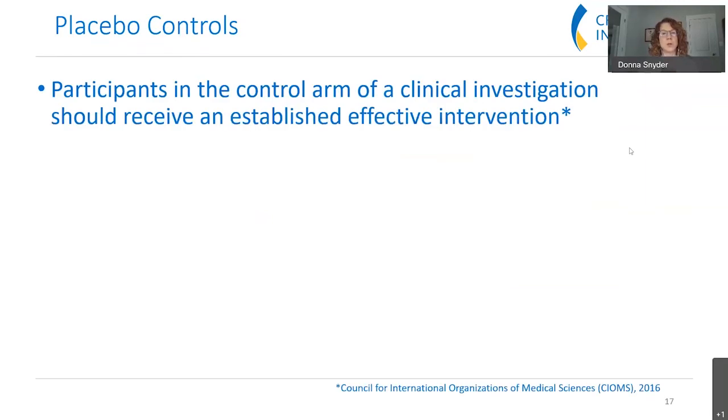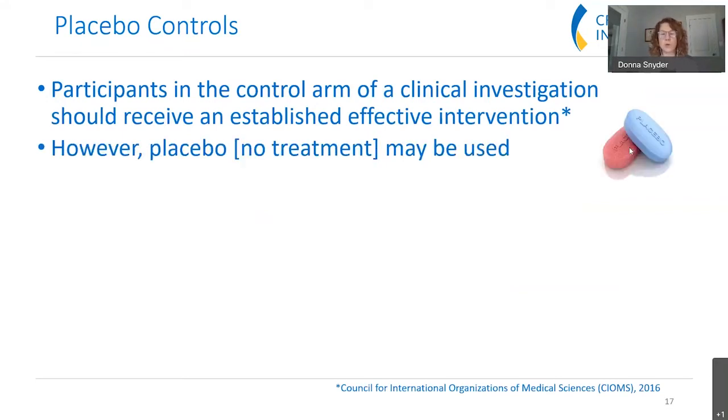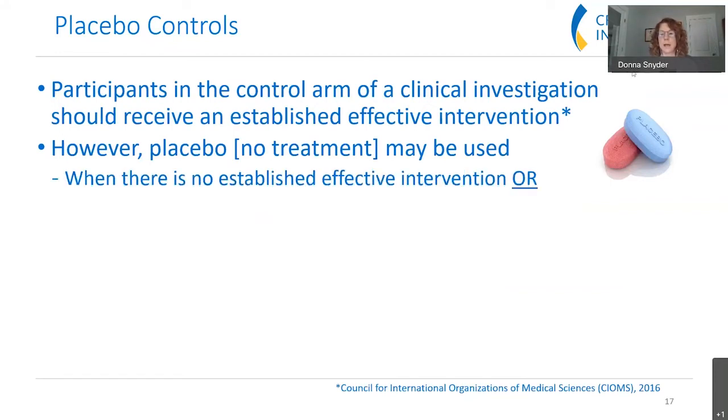So when we're considering the use of a placebo control, there's some things that we need to think about. Participants in the control arm of a clinical investigation should receive an established effective intervention when at all possible. However, placebo or no treatment may be used in the following situations. And these are defined by the guidances that will appear at the bottom of the screen on the slide.